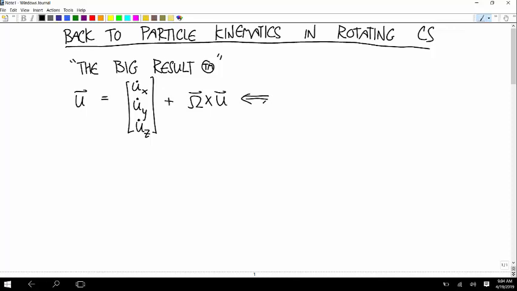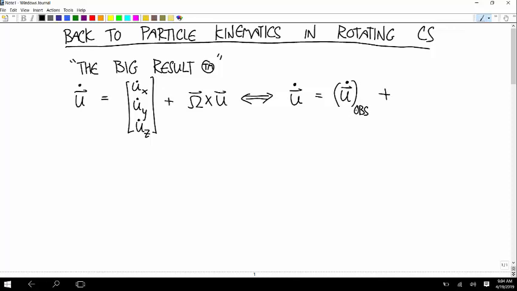And we can also write this in this equivalent way. Oh, this needs to be a time derivative, sorry. That's sort of the key to this whole thing. So this expression is how you take the time derivative of a vector u. Equivalently, you can think of this as the time derivative that's observed.